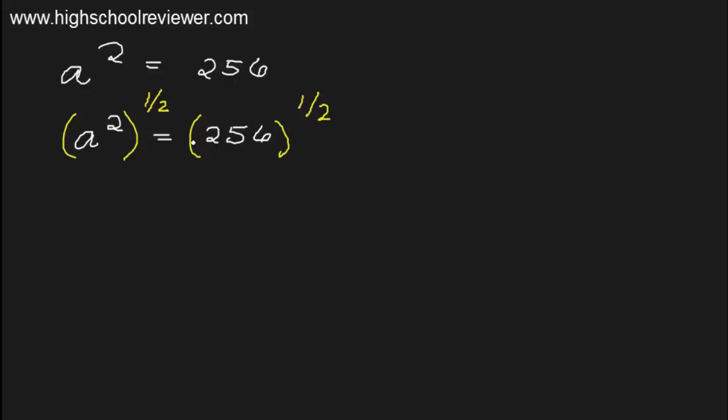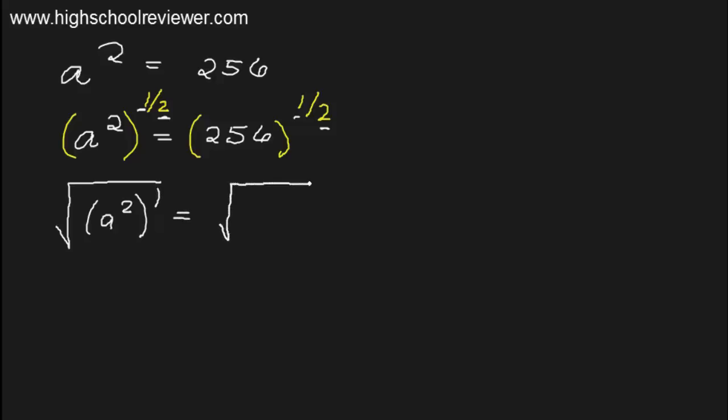If we are going to raise this, the denominator will be our root, and the numerator will be the exponent of the base. So this will be equal to the square root. Our base here will be a squared, and the numerator of the exponent is 1.